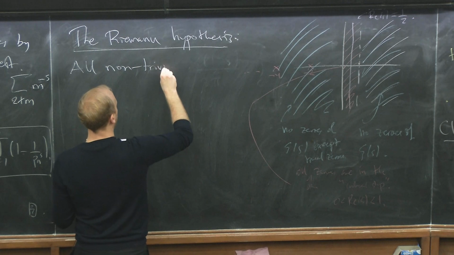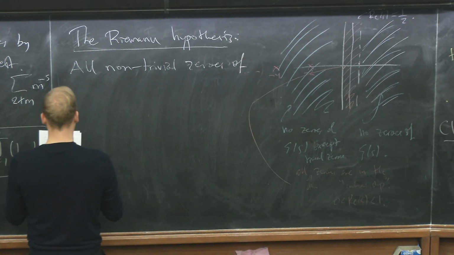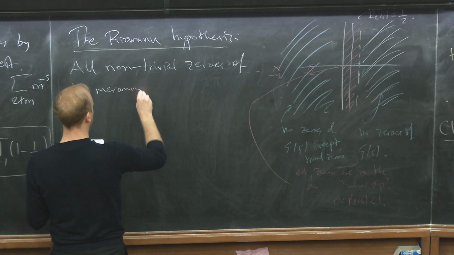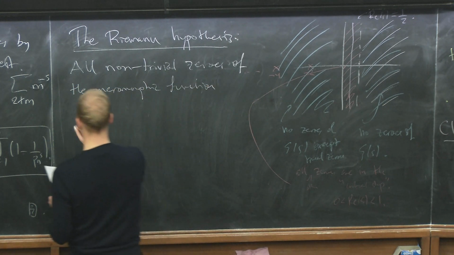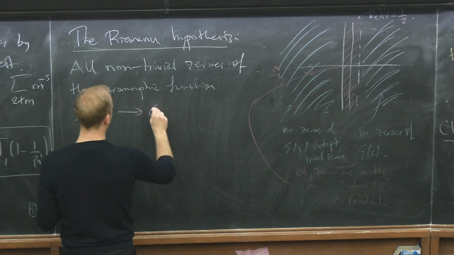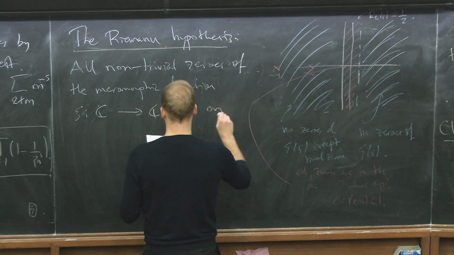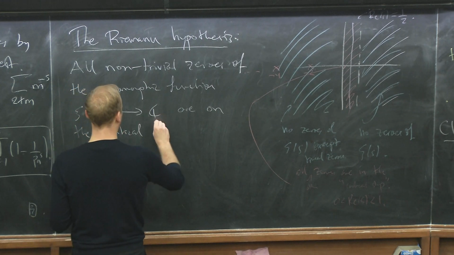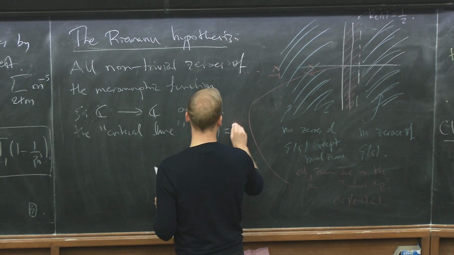It says that all non-trivial zeros of the meromorphic function, so we extended this zeta to a meromorphic function on C, are on what is called the critical line, defined by the real part of s equal to 1/2.